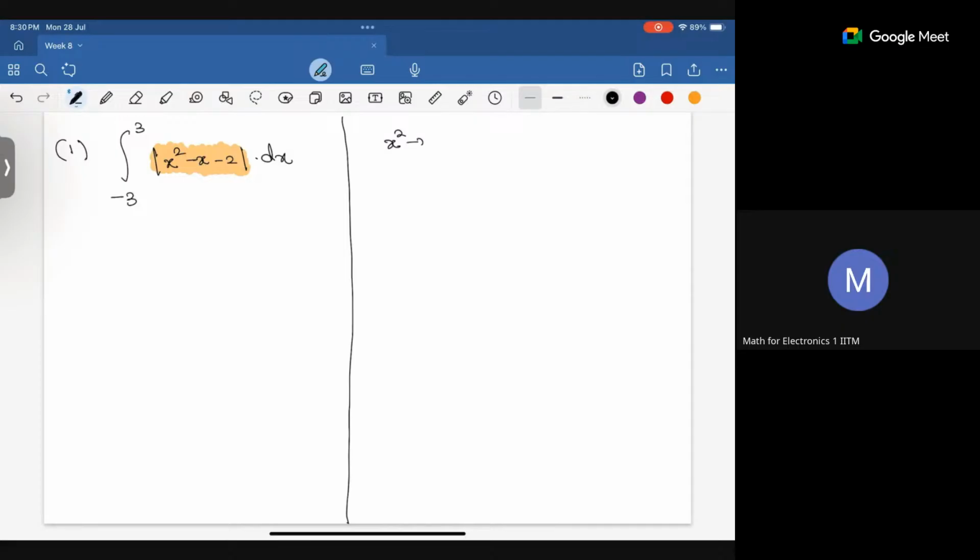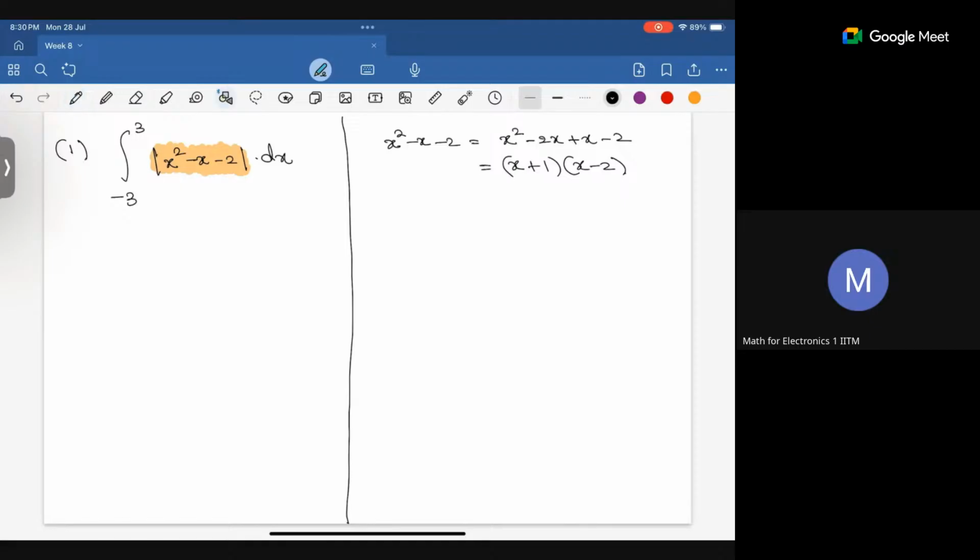X square minus x minus 2 can be factorized as x square minus 2x plus x minus 2. So it can be factorized as x plus 1 into x minus 2. This is a quadratic function and the roots are minus 1 and 2.